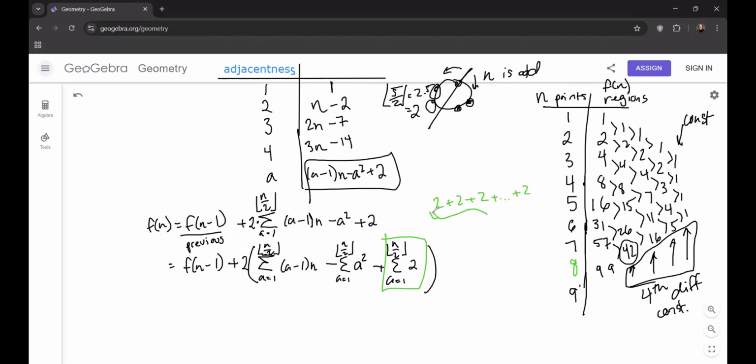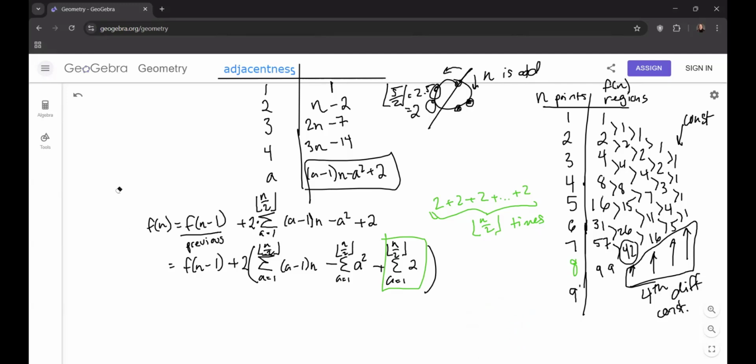And the amount of times that we're going to add 2 is going to be equal to the floor of n over 2. So like if I had this written, I'm adding up 2 3 times. That's the same thing as just 2 times 3. We can rewrite it with multiplication.